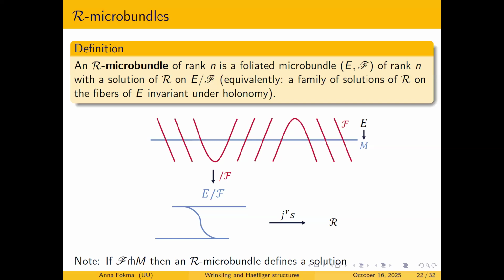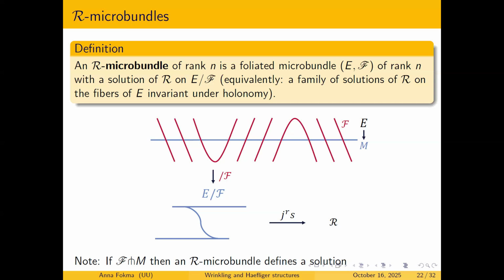Could you say again what it means to have a solution in the leaf space? Well, that was only a moral definition because the leaf space is a singular space, so around the singularities it's hard to define. But if the dimension of the fibers and the base agree, then R lives also on these singular spaces, and an R-microbundle consists of this foliated microbundle and a solution on the leaf space.